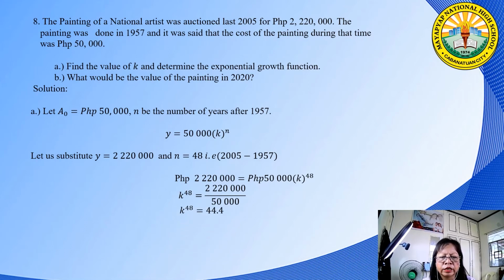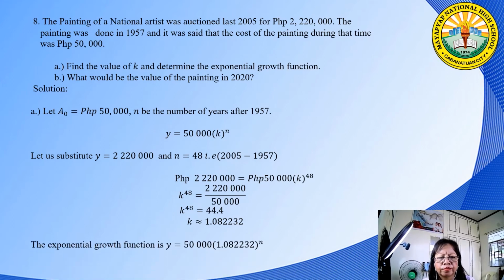So k raised to 48 is equal to 44.4. Therefore, k is approximately equal to 1.082232. So the exponential growth function is y equals 50,000 times 1.082232 raised to n.